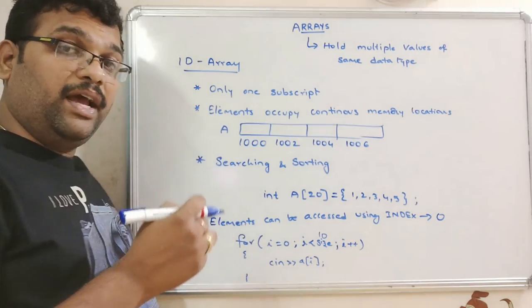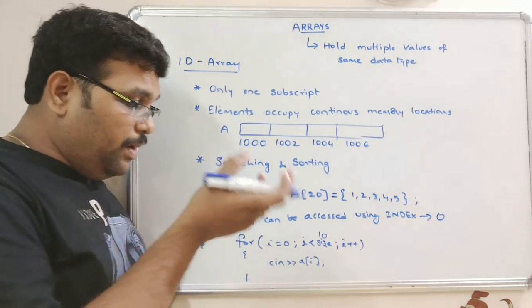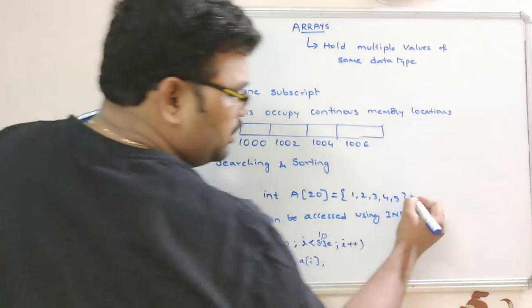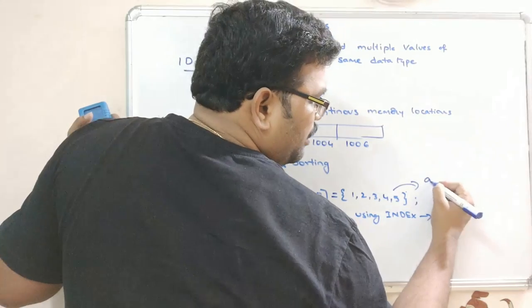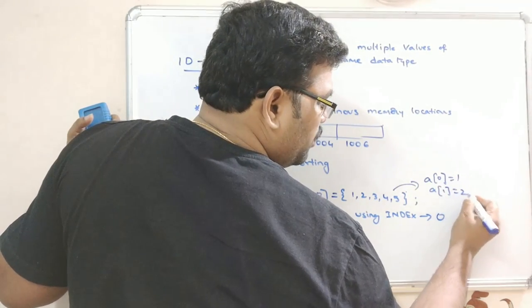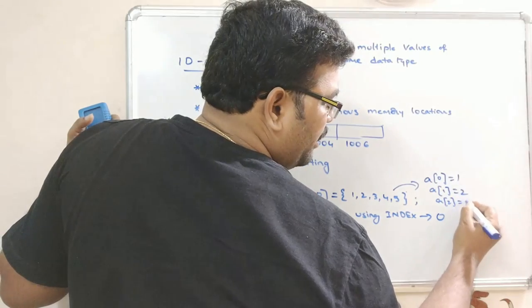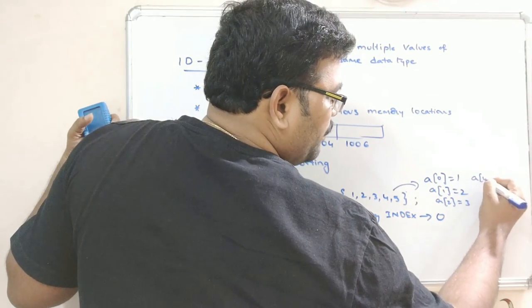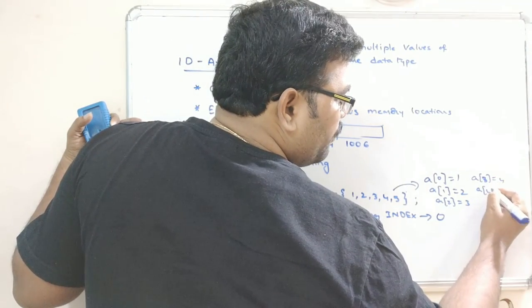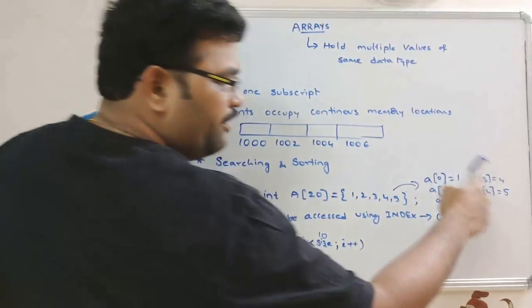Whatever element we read from the keyboard will be saved in a of 0. Right? So here a of 0 will be 1, a of 1 will be 2, a of 2 will be 3, a of 3 will be 4, and a of 4 will be 5. So total 5 elements.